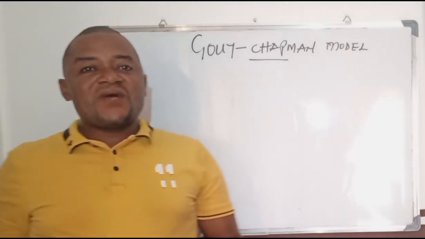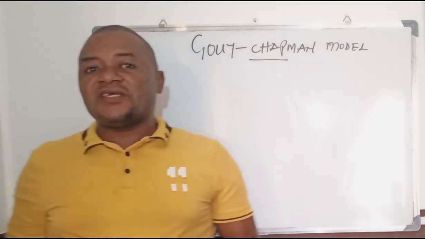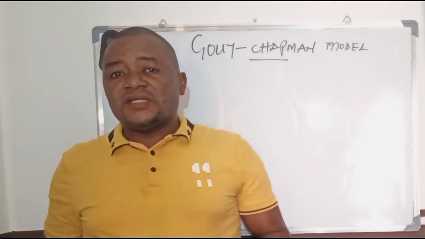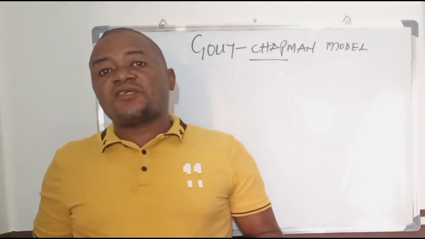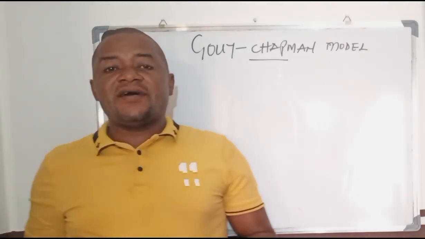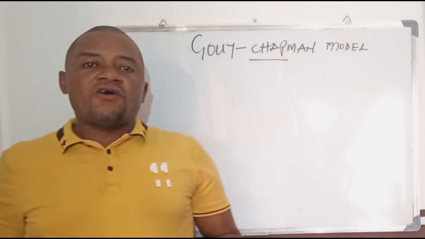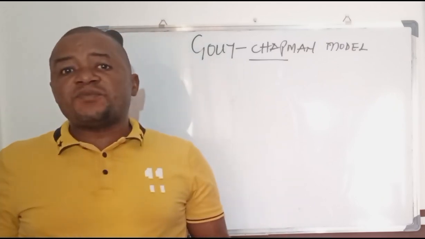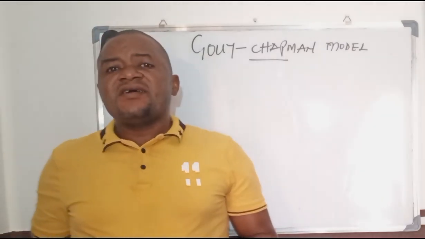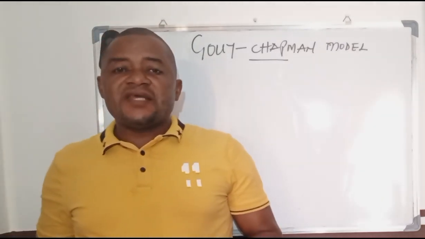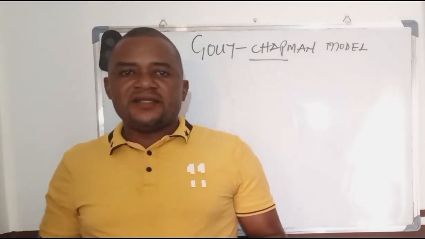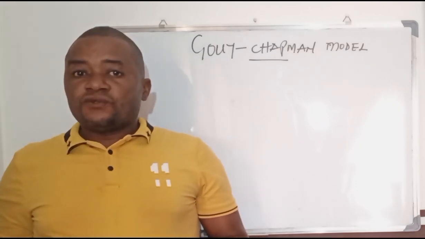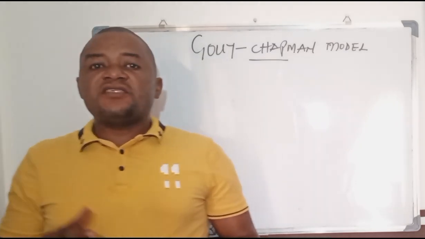Today we are going to look at the Gouy-Chapman model, but let me first refresh our memory. We had said that the Helmholtz model is the very beginning of discussion of the electrical double layer. It is the simplest aspect of the electrical double layer. It was found around 1850 by von Helmholtz, and he believes in his theory that once you have a metal immersed in an electrolyte solution, that metal dissolves.